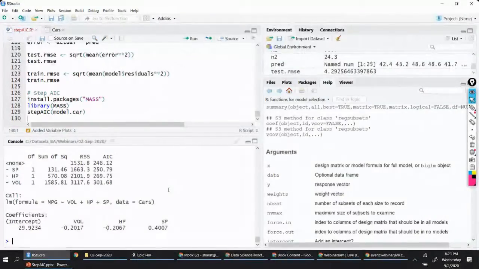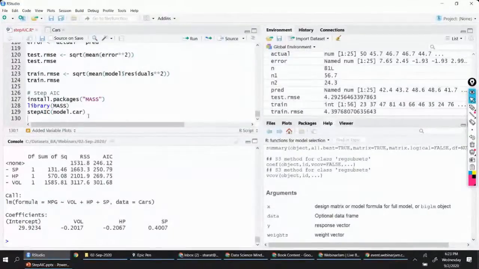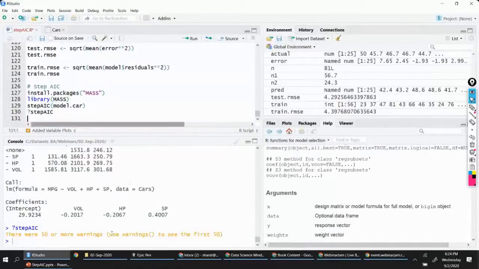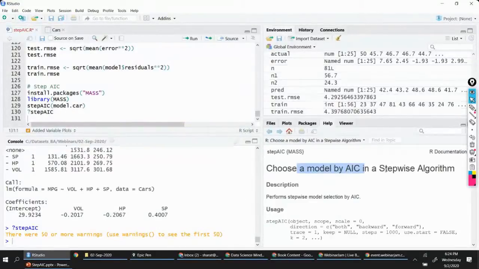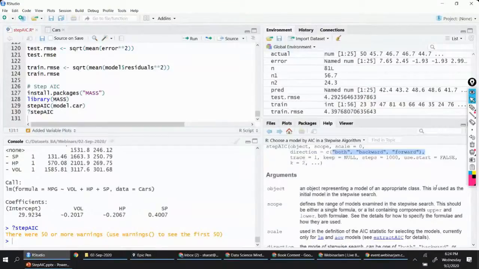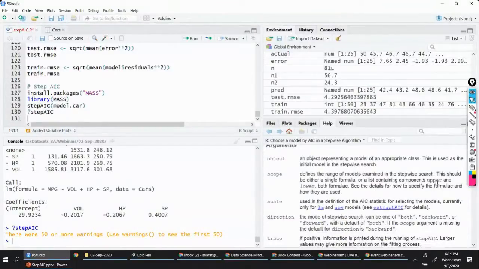Iteratively it is doing that and capturing this best model. So these are your step AIC functions. And you can do a question mark of step AIC and read about that. Choose a model by AIC in a stepwise algorithm. And these are the things that you can pass: backward, both, or forward. That's your direction. Model selection, mode of stepwise search.